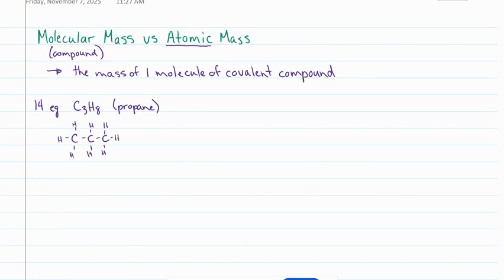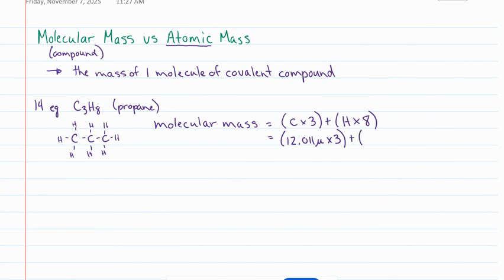All right, so if we wanted to look at our molecular mass, we would look at that there are carbons times 3 plus hydrogens times 8. And if we looked up our molar masses on our periodic table, we know that carbon is 12.011 amu times 3.